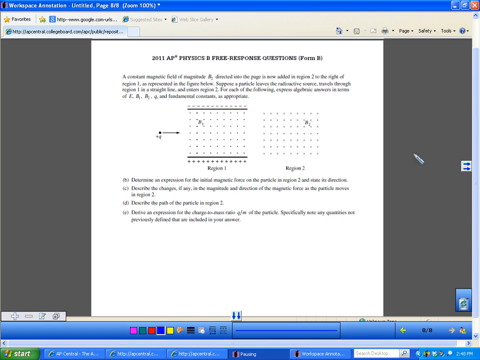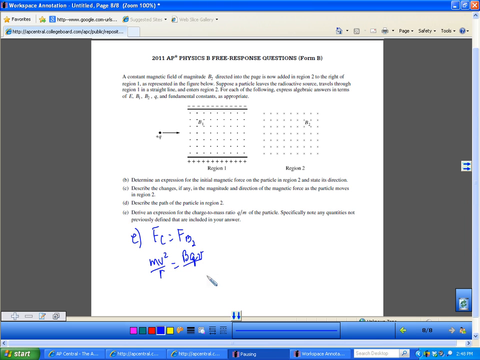So I said, okay, well, let me look at part E. Well, I said now it was over here, so centripetal force was created by the magnetic force. And I said, well, if that's true, then mv squared over r is equal to B q v.